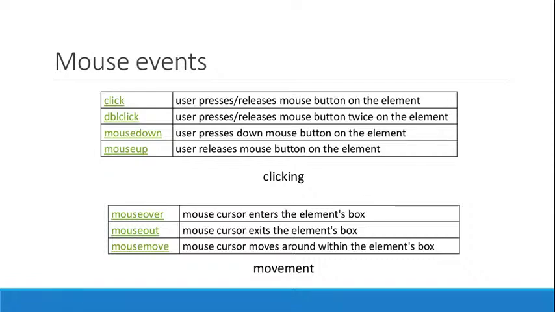Then you have movement events like the mouse over, mouse out, and the mouse move. The mouse over is when the mouse cursor enters the element's box. I told you we will also be able to use images and divide the image into different parts. You can imagine it like a map of the country shown with the different states. That's an image shown at the back, and when you move around, you come across the different states.